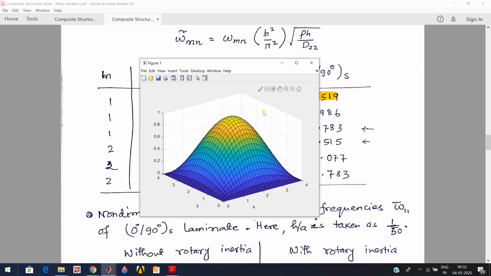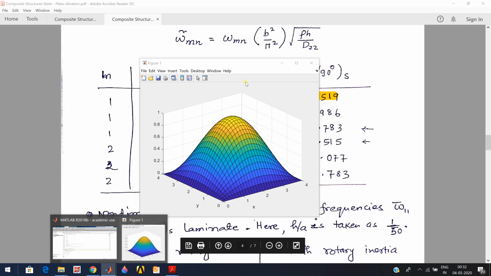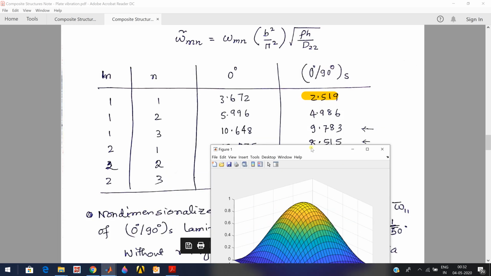So this is your first mode, and then if we change m, you can see what your next one is, 4.986, which is m1 and n2.